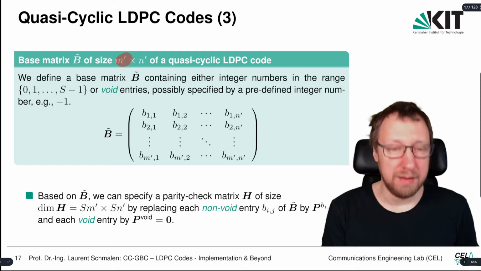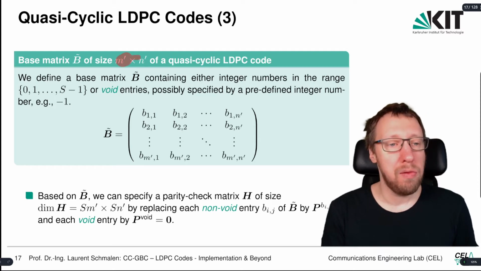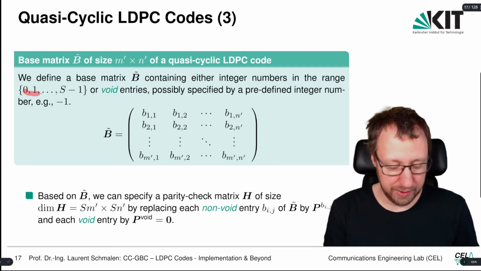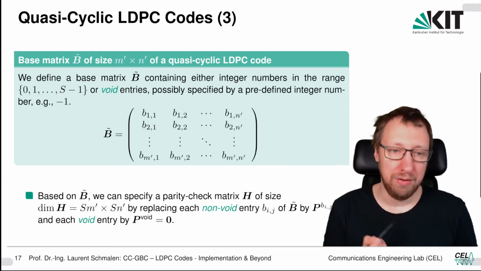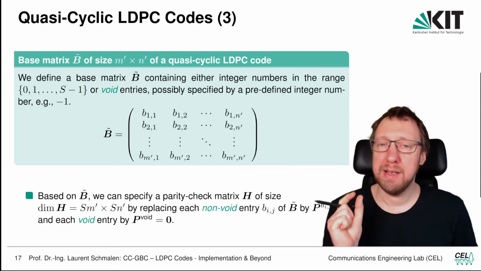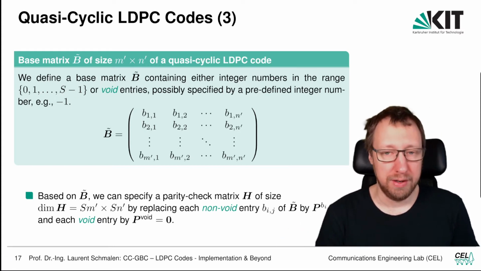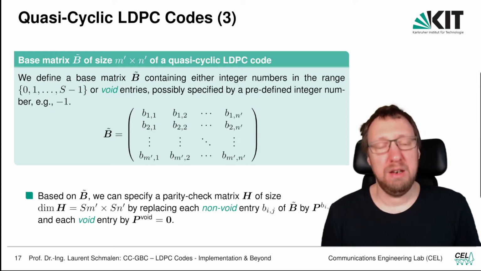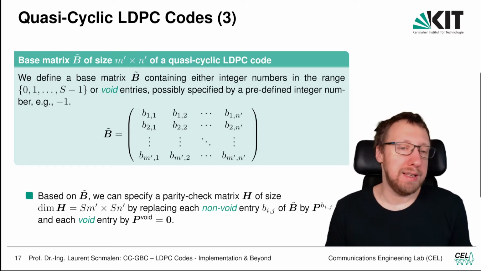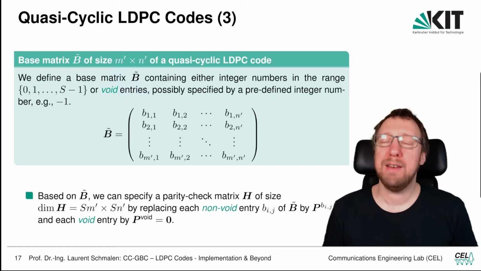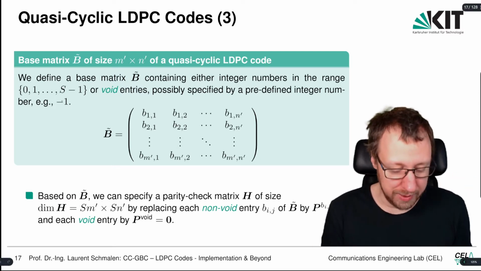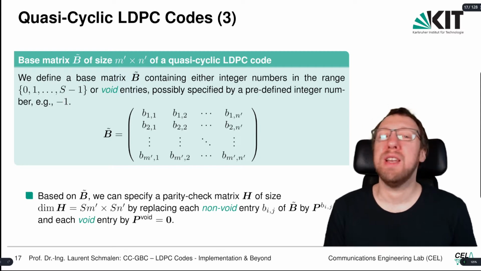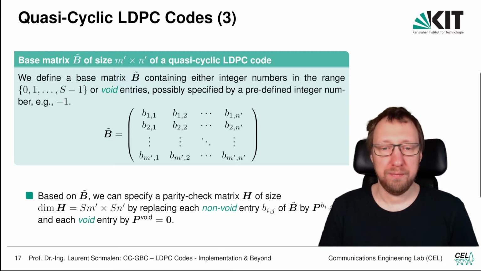It contains integer numbers in the range 0 to S minus 1, or it contains the void entry, this specific symbol that we define to be void. Usually, if you look in standards, the void symbol is defined by an integer number outside of this range, for instance -1.